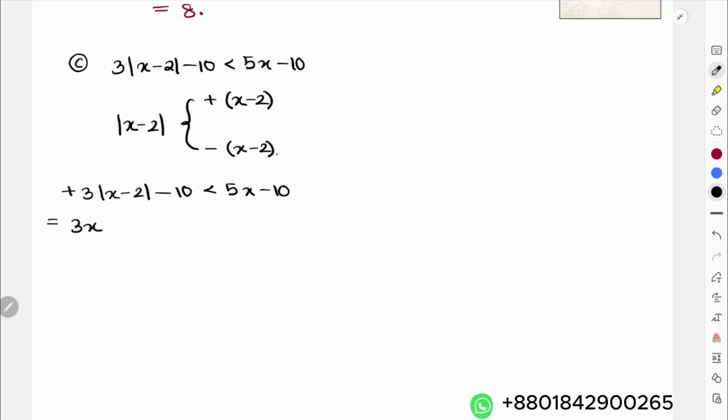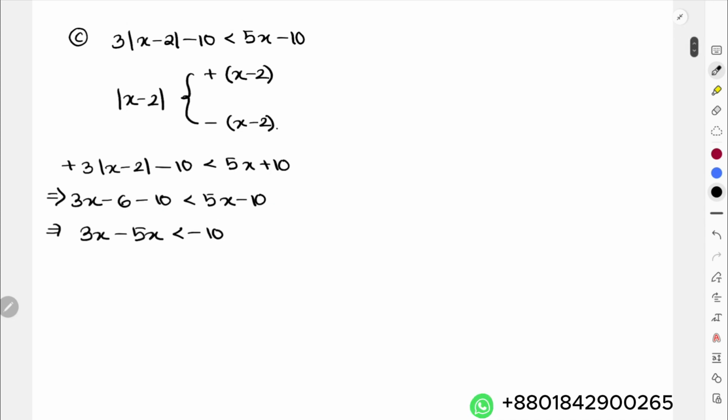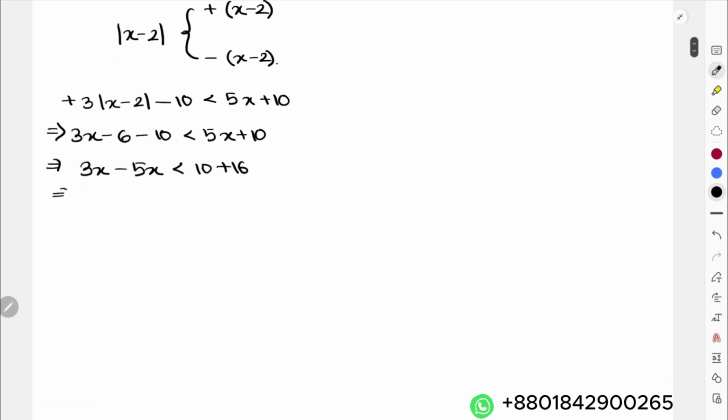So we get 3x minus 6 minus 10 less than 5x plus 10. So from there we can write how much? Minus 16, this is. So 3x minus 5x less than 10, this was plus 10 all the time. If you take this 16 to the other hand side, it will be obviously added with the 10. So you get minus 2x less than 26, and after that you get x less than minus 13.